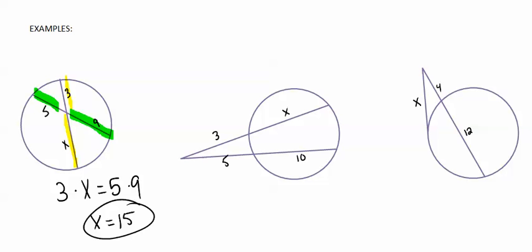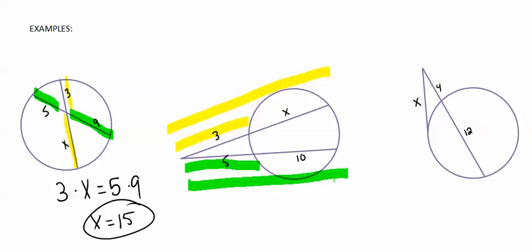The next example is secant. And remember what secant says. It says you take the segment of the secant from the outside to the outer edge of the circle, but then the full length of the secant, that equals the other segment from the outside of the circle to the full secant.